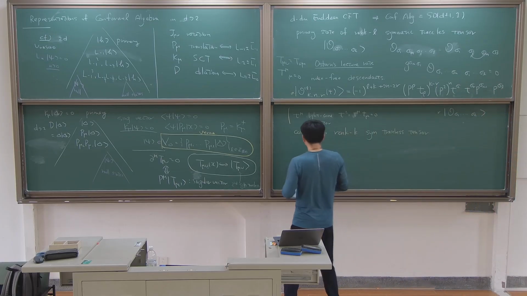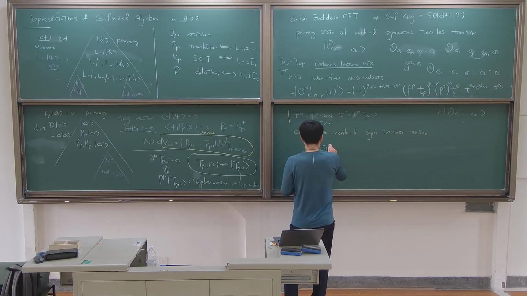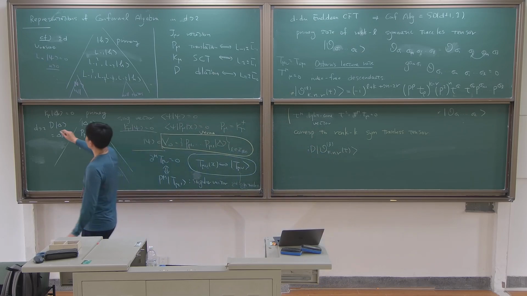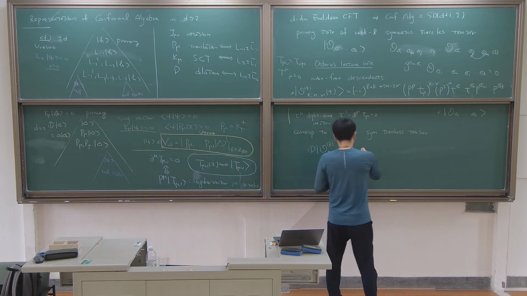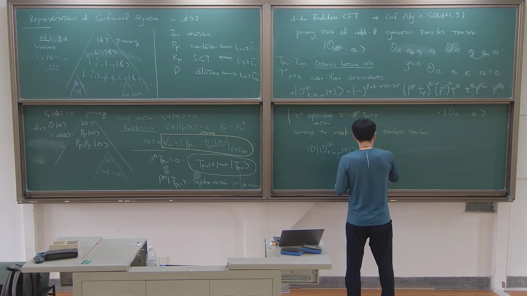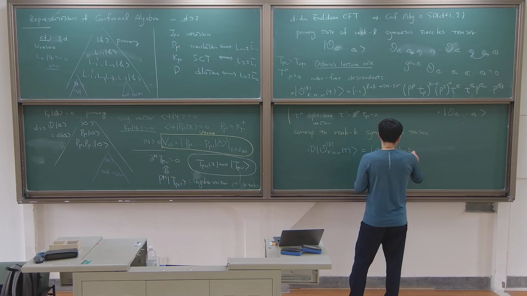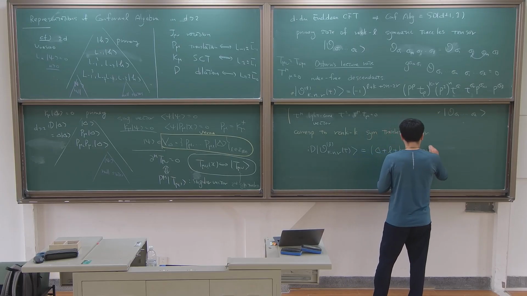So, and then what is the conformal dimension? In fact, the original one is L plus K plus 2N plus 2R.